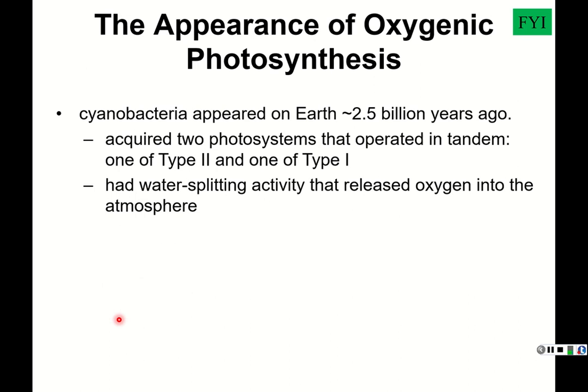We skip over a lot in photosynthesis in this class, and that's the bacteria and the algae. I just wanted to mention this at the end of this lecture. These bacteria are actually the first things that came up with this ability to do photosynthesis, and it happened before there was oxygen on the planet.